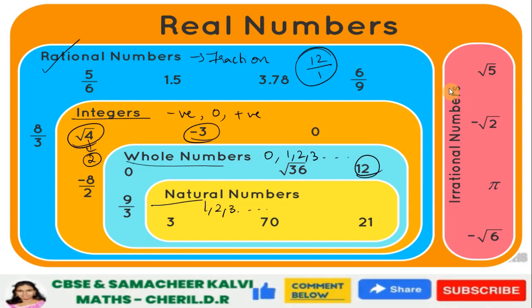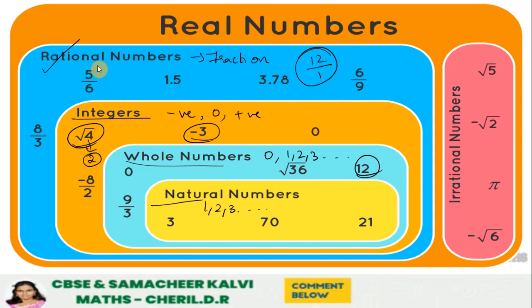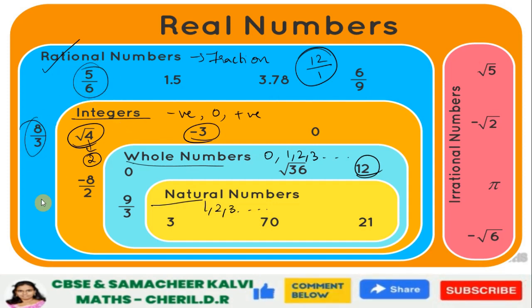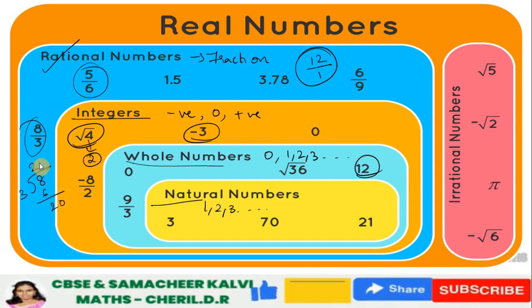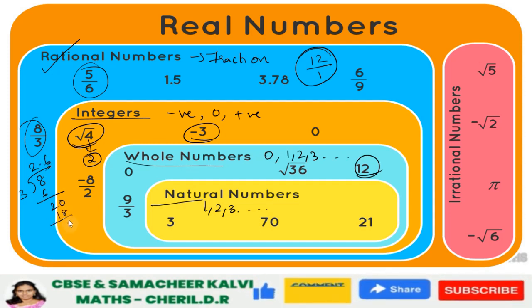Irrational number means you have a fraction which cannot be reduced into a simplest form. Even for 8 by 3, what will be 8 divided by 3? 3 2s are 6, so it will be 20, 3 6s are 18, again 20.